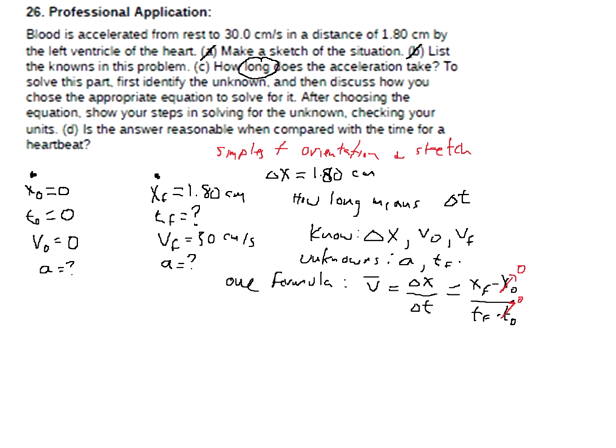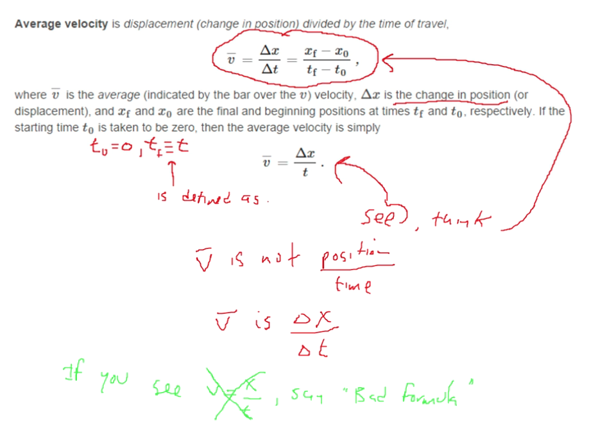So that simplifies to x final over t final. So I said before, earlier here, if you come across a formula that looks like this, that's a bad formula. We didn't come across this formula, though. We made some simplifications, and it reduced to a formula that looked like that. That's okay.